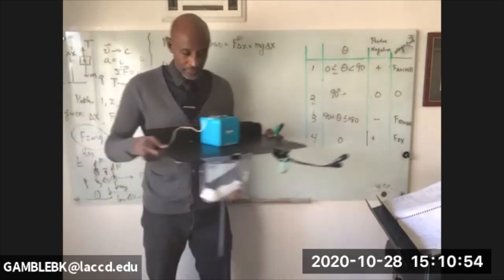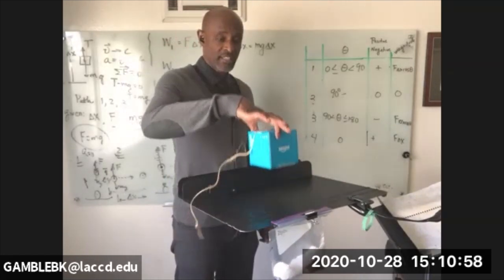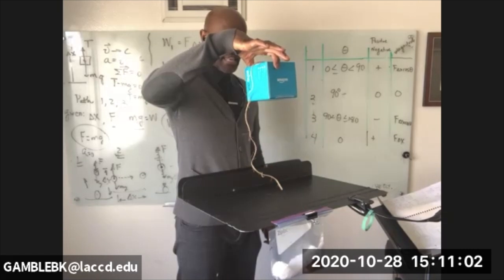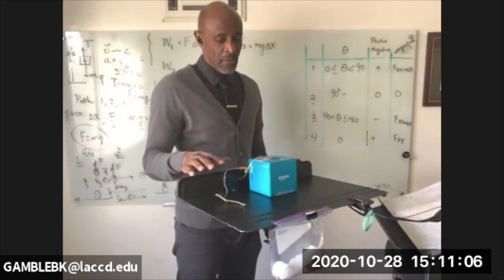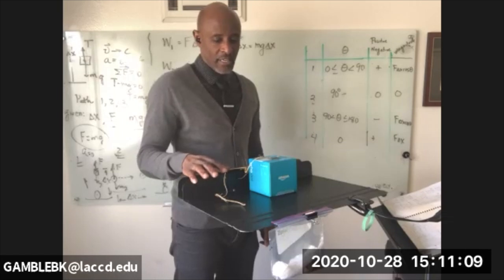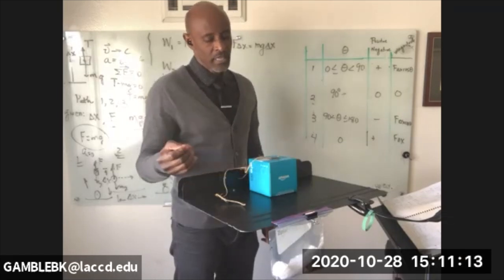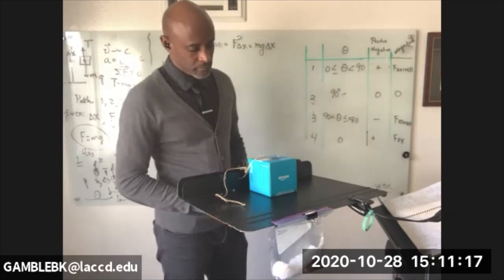Let's take a look here. I'm going to do positive work on this thing by picking this object up. I know we haven't defined potential energy, but intuitively, let's just deal with friction right now.